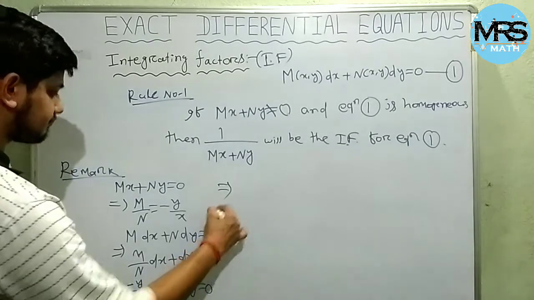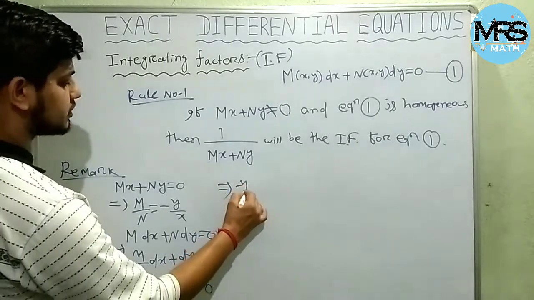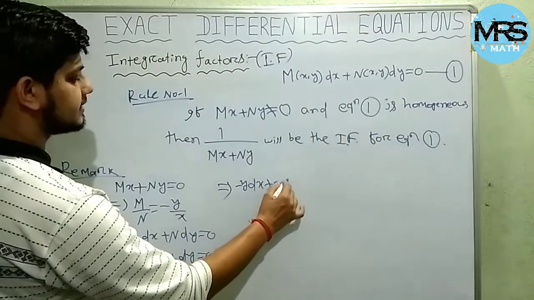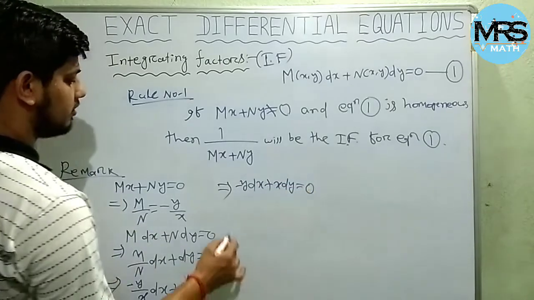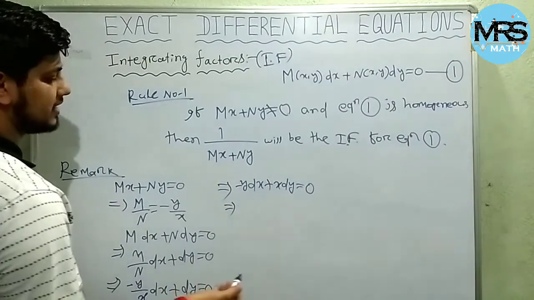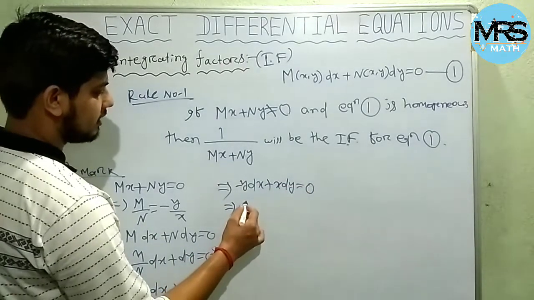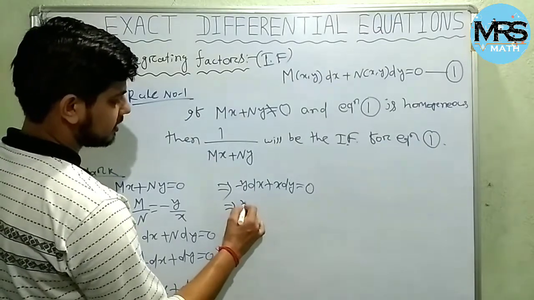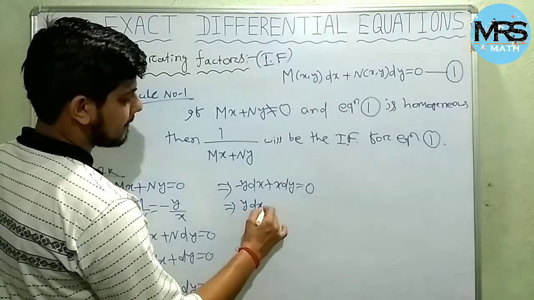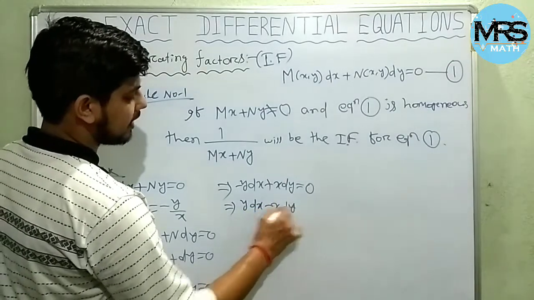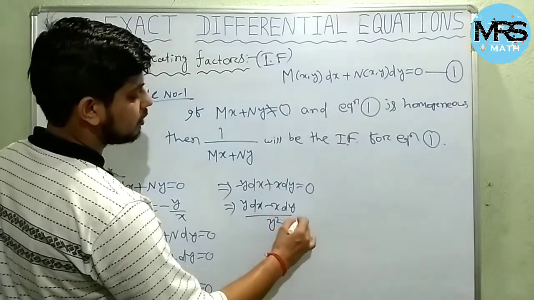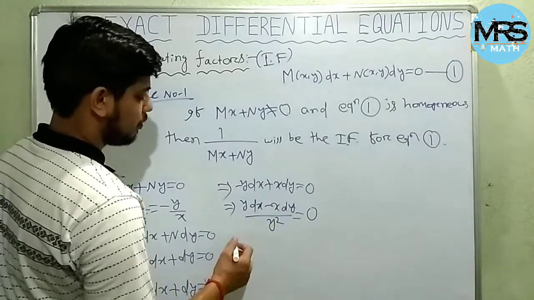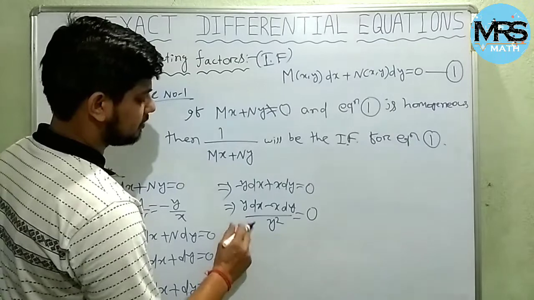So minus y dx plus x dy equal to 0. Dividing by y square and taking the negative sign, that is (y dx minus x dy) over y square equal to 0.